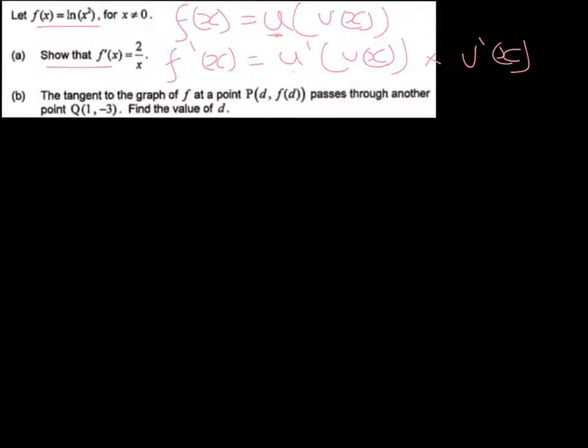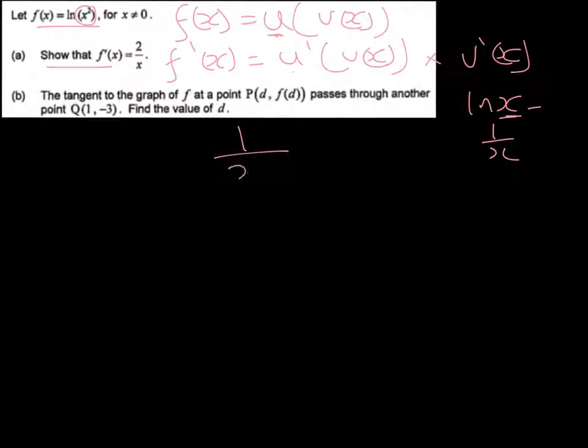So if we were differentiating ln x, then we should remember that the derivative of ln x would be 1 over x. However, here we're not finding the derivative of ln x, we're finding the derivative of ln x squared. So we would take u dash as 1 over, and then we would keep v of x.